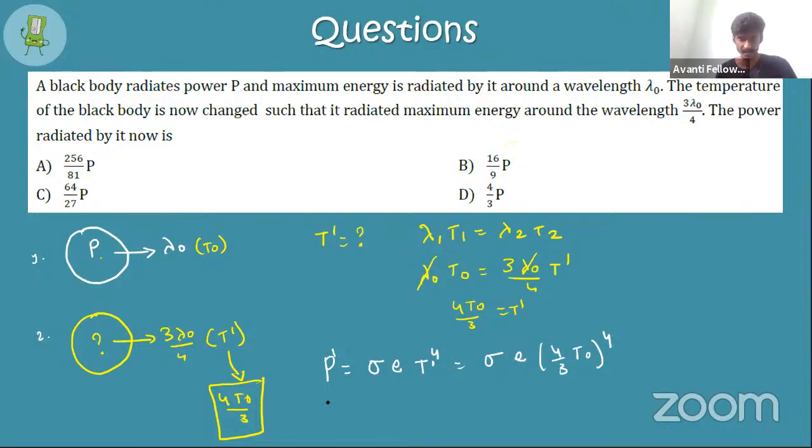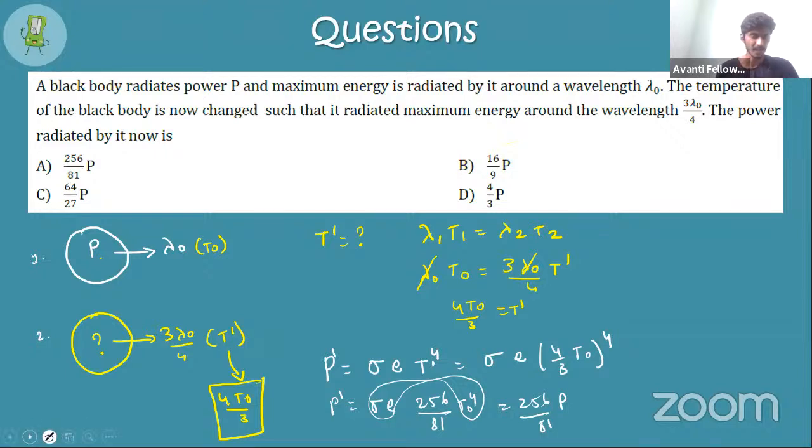Therefore, P dash will be equal to sigma E times 4 to the power 4, which is 256, by 3 to the power 4, which is 81, T naught to the power of 4. This whole thing, sigma E T naught to the power of 4, is P naught, the initial power. So I can write this as 256 by 81 into P naught. So my answer is option A.